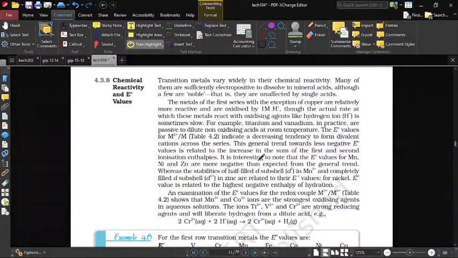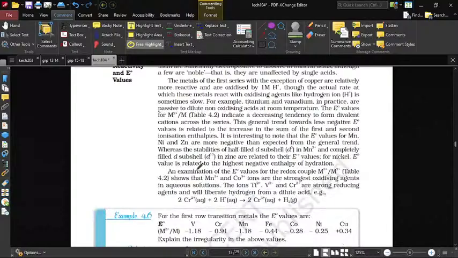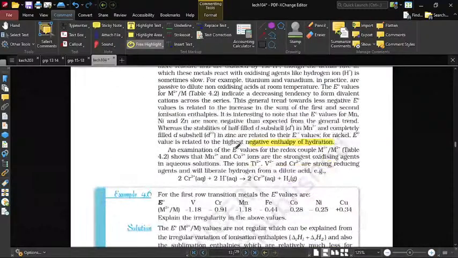It is interesting to note that E0 values for Mn, Ni and Zn are more negative than expected from the general trend, whereas the stability of the half-filled d subshell, d5, in Mn2 plus and the completely filled d subshell in zinc are related to their electrode potential values. For nickel, the E0 value is related to the highest negative enthalpy of hydration. That is what was written below the box, I expanded it and wrote it out.